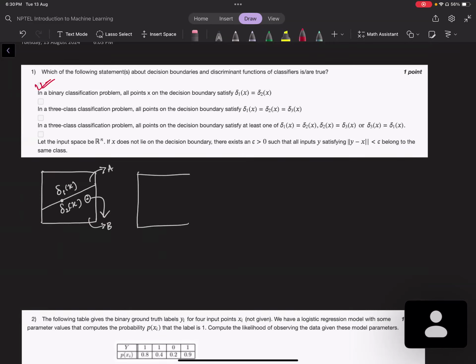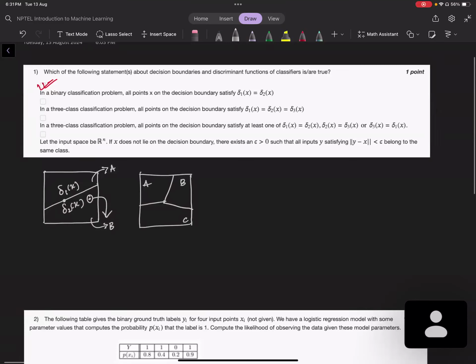Coming to option B. In option B, what we are saying is that there is a 3-class classification problem, and let's just do it like this. Okay, there are 3 classes, A, B, and C. So all points on the decision boundary satisfy this. See, not all points satisfy this. If the point is here, the equality will be, let's say this is delta 1, delta 3 in this region.